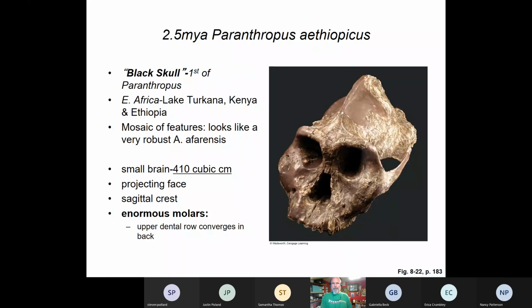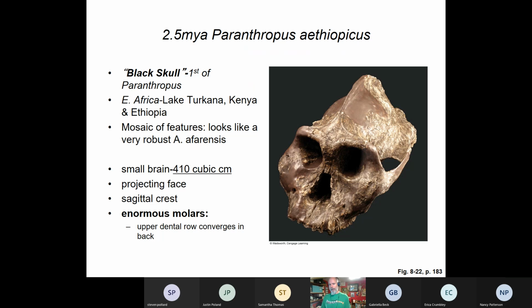So this is nicknamed the Black Skull, Paranthropus ethiopicus, and this was found in East Africa, like most all these findings were. Again, a mosaic of features. It developed this black tone because of the mineralization process. How do fossils get created?